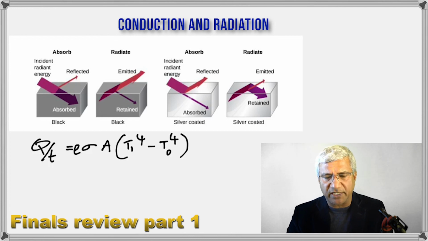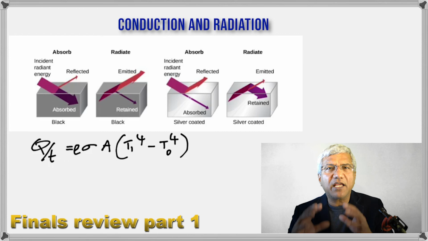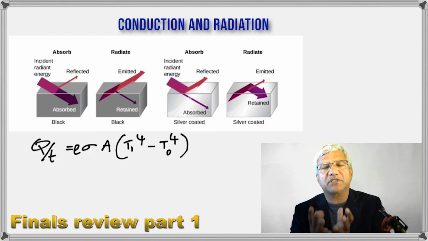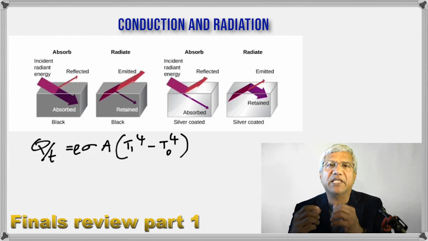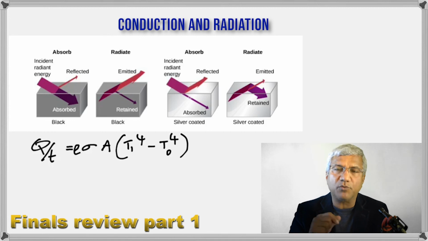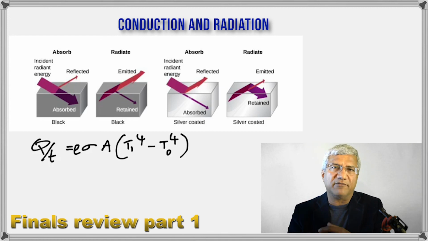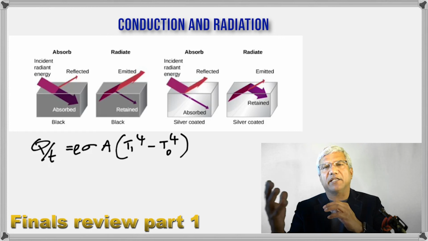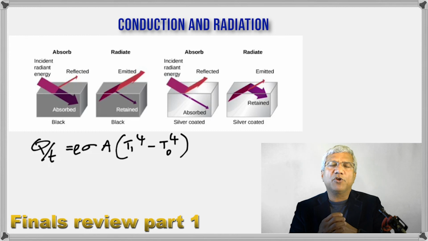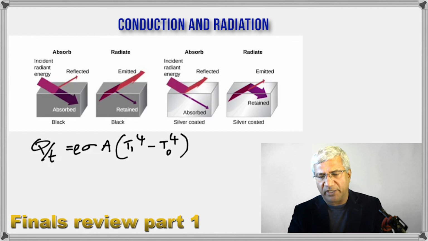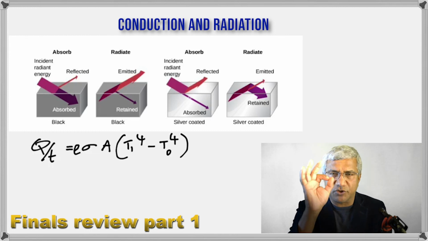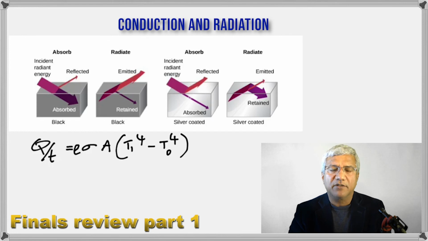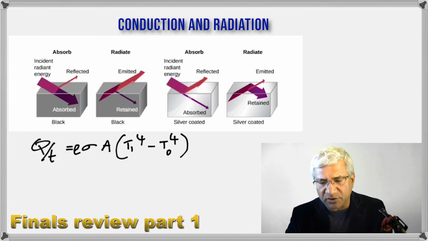A is the surface area, because it's this whole surface that's radiating heat. T1 is the temperature in Kelvin of the object, and T naught, again in Kelvin, is the temperature of the surrounding. If no mention is made about the surrounding, then take T naught as 0. But the temperature has got to be in Kelvin.